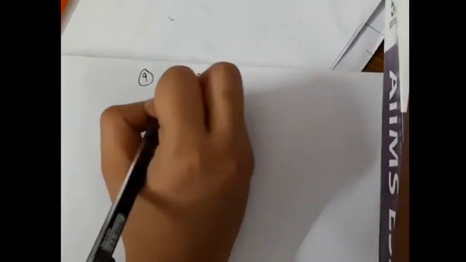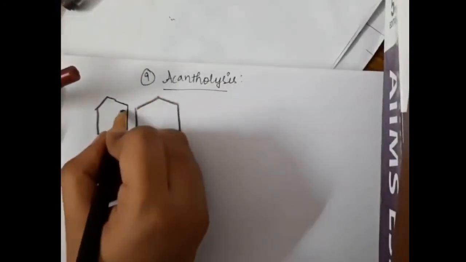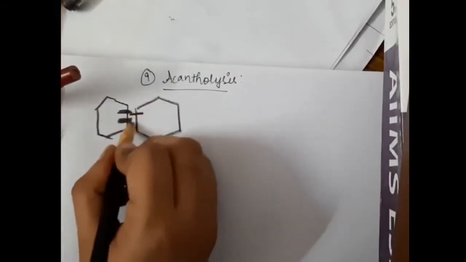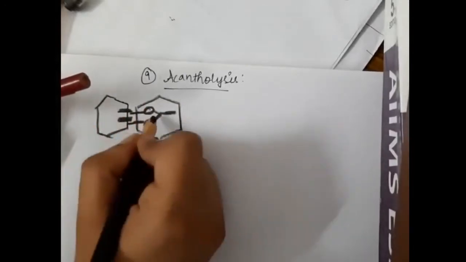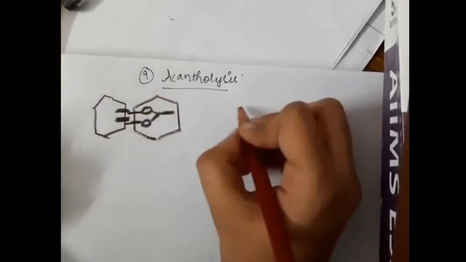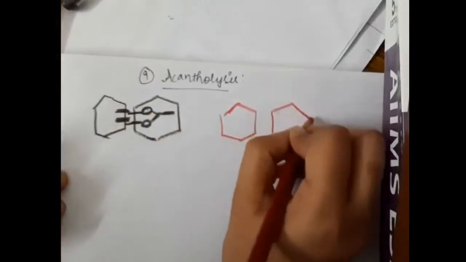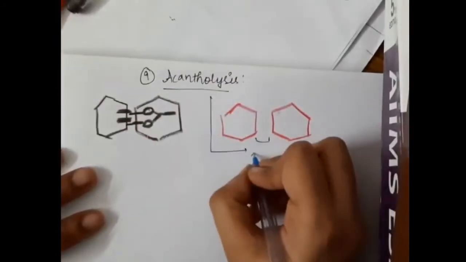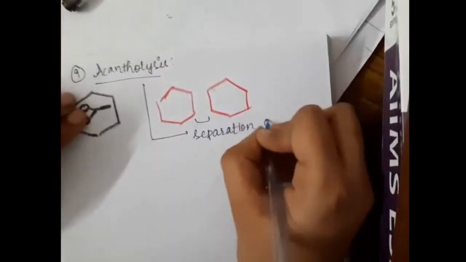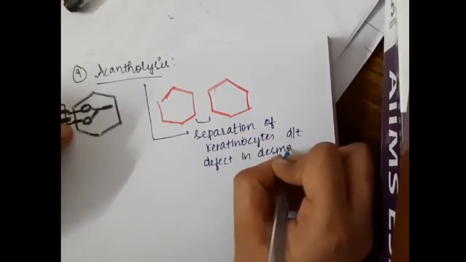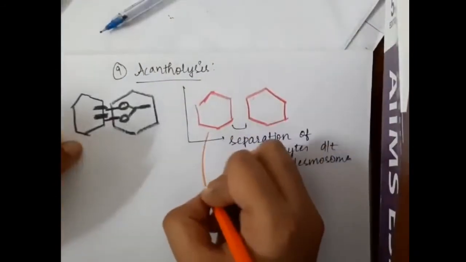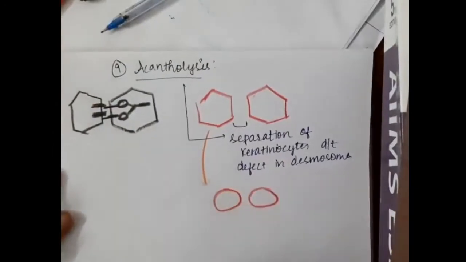Then we have the ninth one, which is acantholysis. Here you see two keratinocytes joined by desmosomes. Whenever there is a defect in these desmosomes, the keratinocytes separate. This separation of keratinocytes due to a defect in desmosomes is called acantholysis.